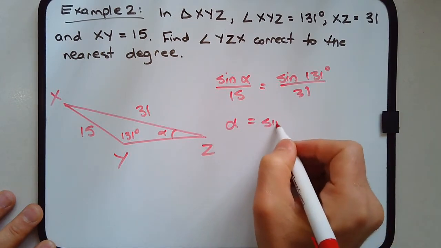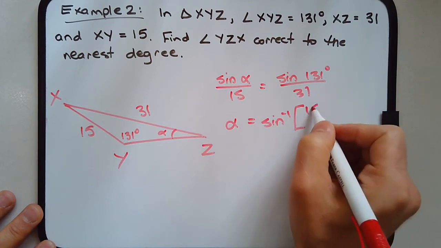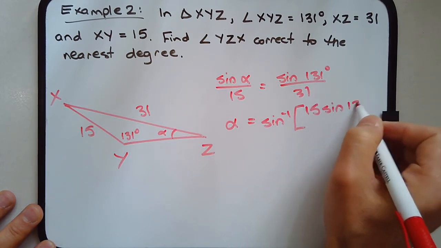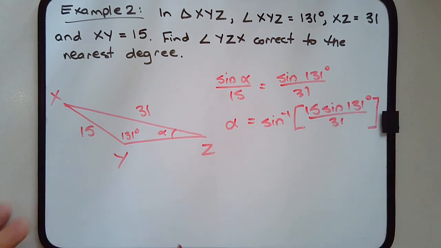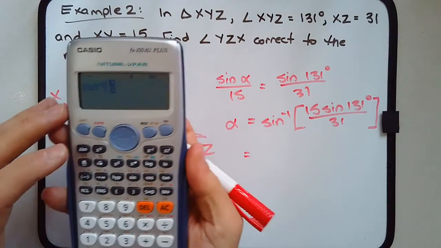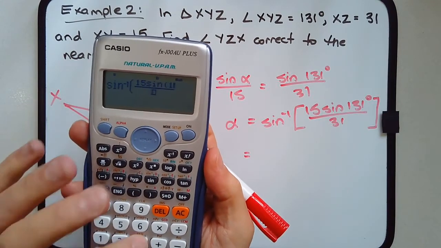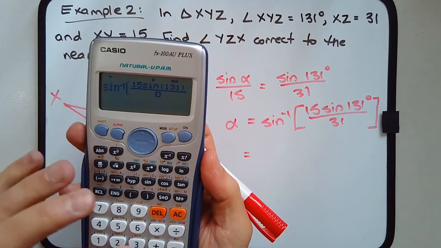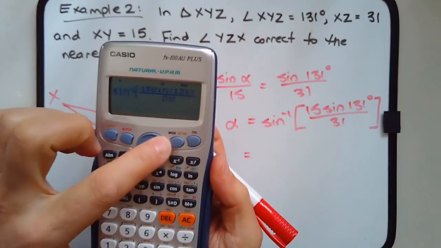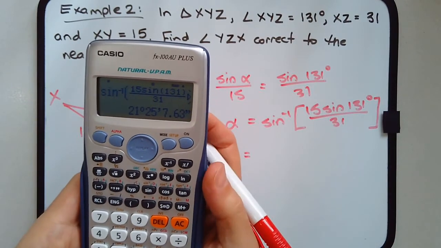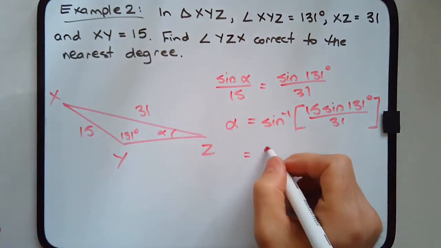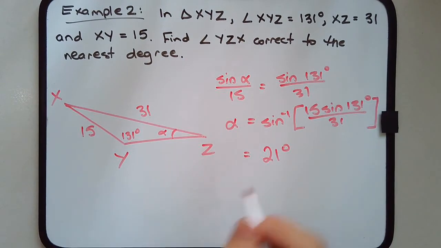So that's inverse sine of 15 sine 131 over 31, because it's exactly the same working out as before. And we get 21 degrees 25 minutes, but we'll just round it to the nearest degree. So that's equal to 21 degrees. So that's the acute angle.